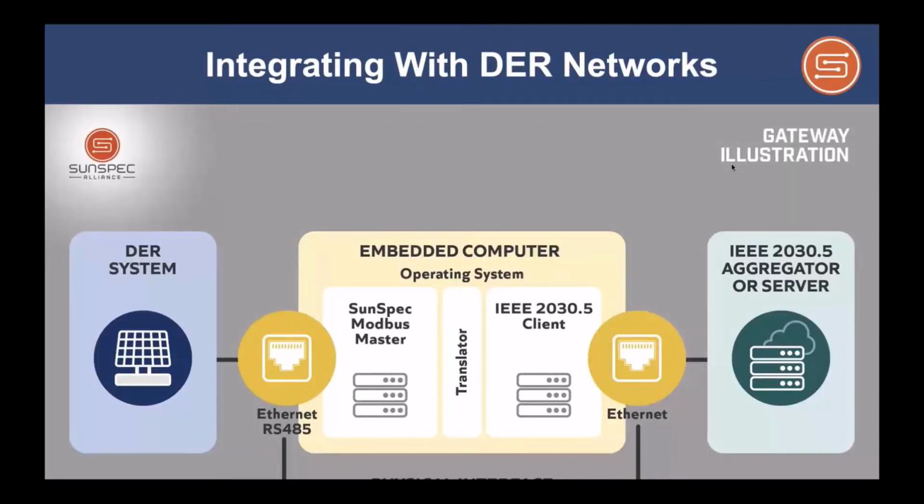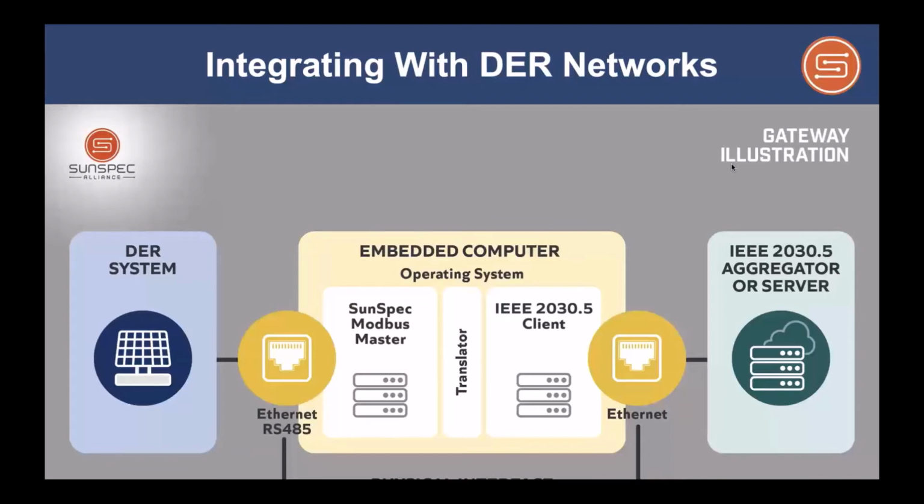This chart illustrates a very common configuration that you'll see in DER systems, where on the left side you'll see the PV or the energy storage system that will typically present a SunSpec Modbus interface.